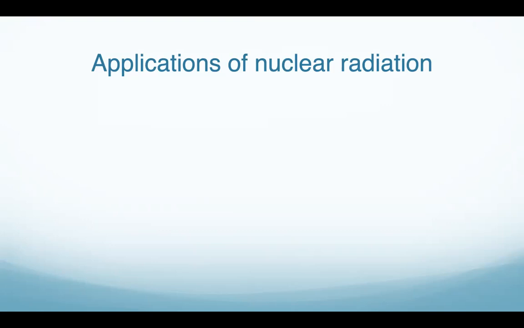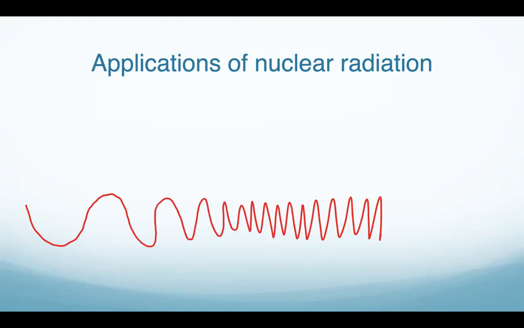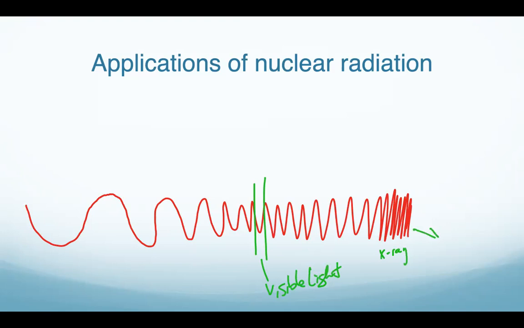So the EM spectrum, you start down here with microwaves, radio, and TV waves, and then you increase. Okay, so somewhere in the middle-ish, you've got visible light. And then up here, you've got X-ray, and at the very tippy top, that's your gamma ray.